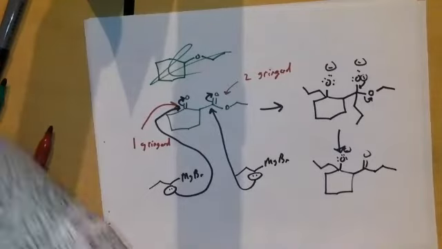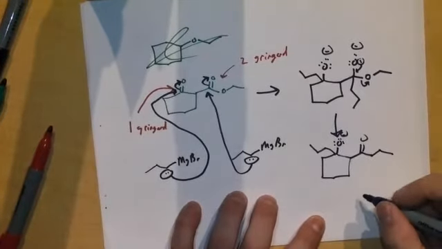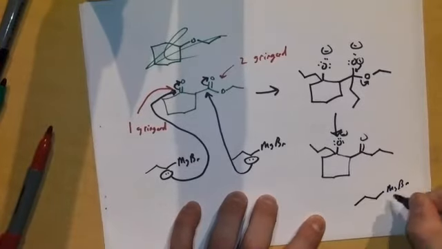Someone had a question in the chat. Oh, sorry, Kyle's back. Okay. From here, our Grignard can come in and attack again.